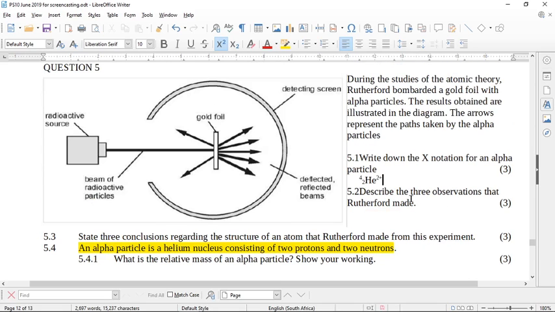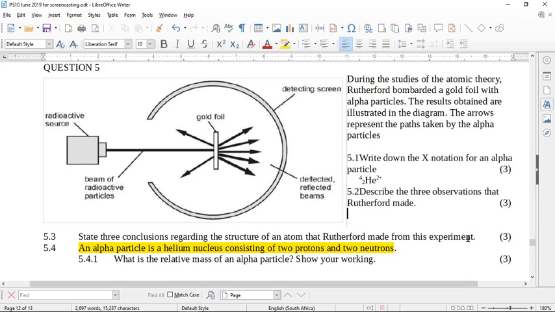Now it says to you, describe the 3 observations that Rutherford made. If you can't remember them, this diagram is supposed to help you, okay? So the 3 observations are that some of the radioactive particles passed through, some were deflected, and some were reflected. So you can see from the diagram it says deflected, reflected beams. And then you can see some passed straight through.